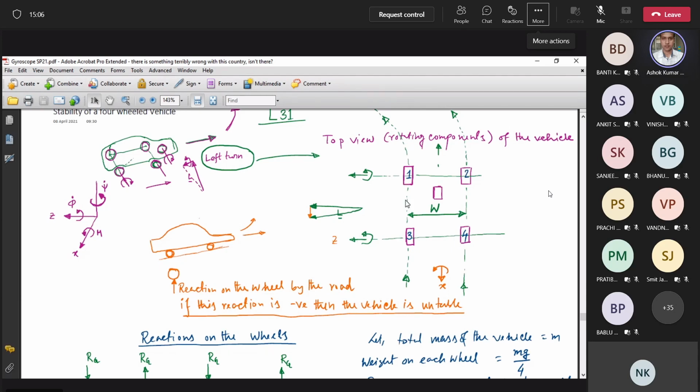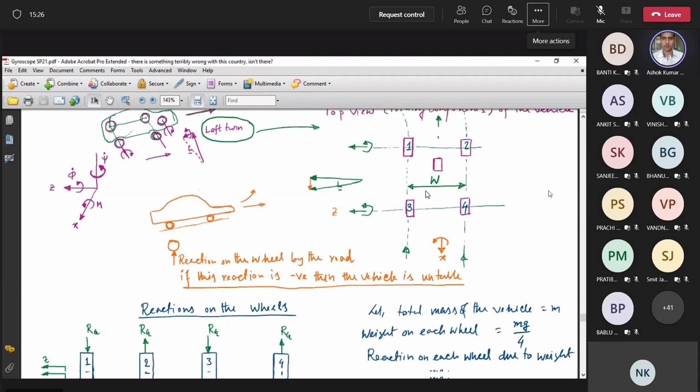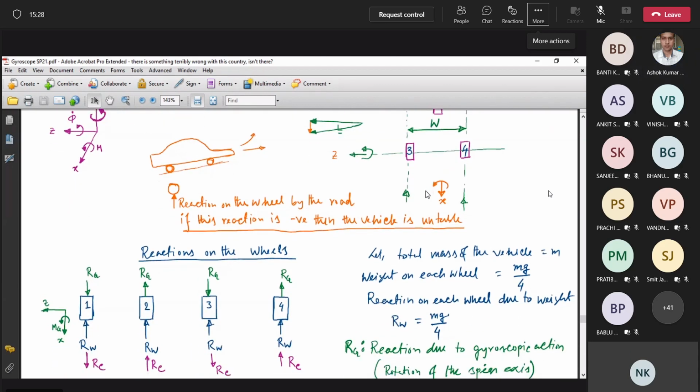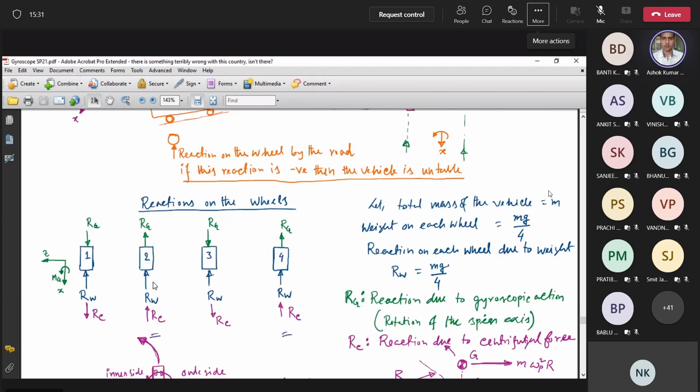All those four wheels are in contact with the ground, and if you draw the free body diagram of these wheels, isolated from the ground, what are the different reactions which are acting on each wheel? That's what we want to draw now. One by one we will see. Suppose these wheels we have drawn separately: this is wheel 1, wheel 2, wheel 3 and wheel 4.